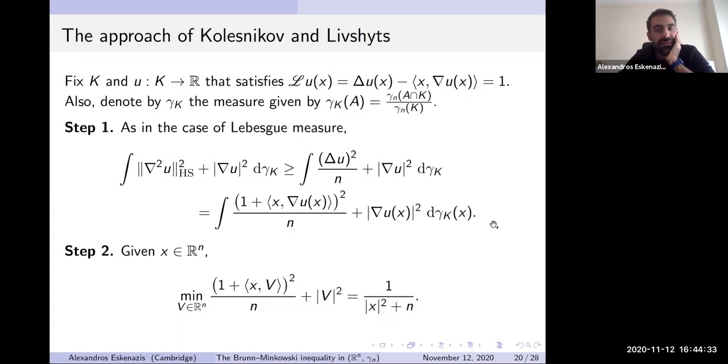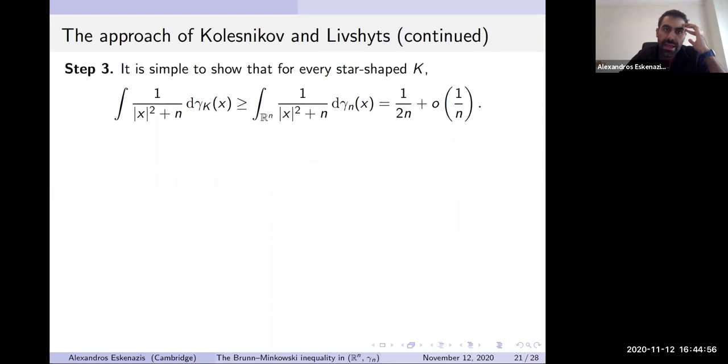So by combining the two, the integral that we wanted to bound from below is bounded below by the integral of 1 over |x|^2 plus n d gamma K. And so far, everything is pointwise. Again, the measure didn't really play any role. Well, it played in the equation, but we didn't really integrate so far.